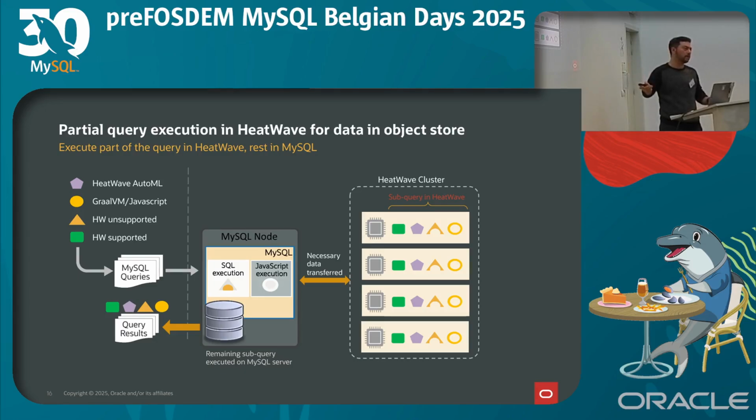Why would that be the case? Today we have a good amount of coverage in HeatWave, but not everything. Examples are geospatial data structures or functions, some fancy text functions, or a user-defined function. Those things can only execute in MySQL. That's why we offload whatever portion we can to HeatWave and execute it there, and then ship the resulting data to MySQL and execute the rest in MySQL.